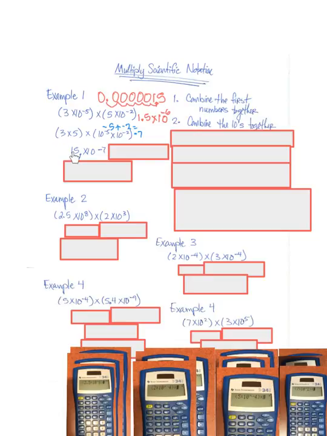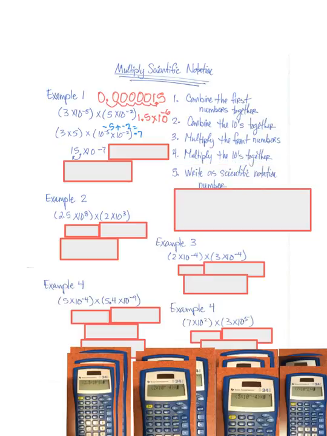So we have 15 times 10 to the negative 7 so far. The steps are: we multiply the front numbers, we multiply the 10s together, and then we write it as a scientific notation number, which we have done.